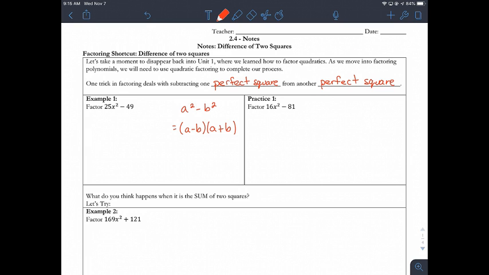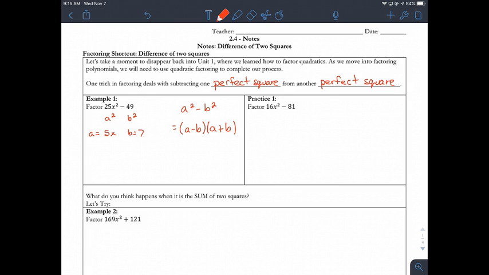So in example number 1, we've got 25x squared minus 49. 25x squared is a squared, and 49 is b squared, which means that a is equal to 5x and b is equal to 7, because the square root of 25x squared is 5x, and the square root of 49 is 7.